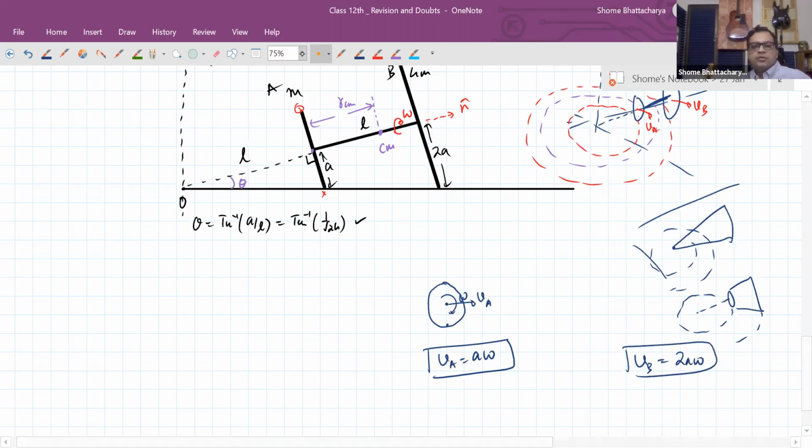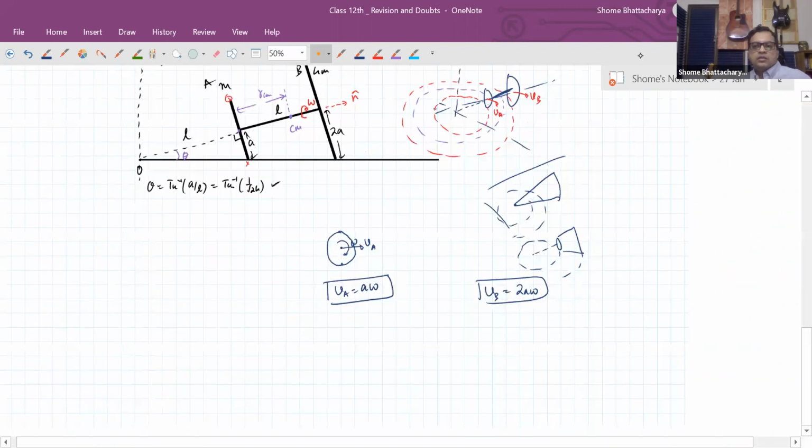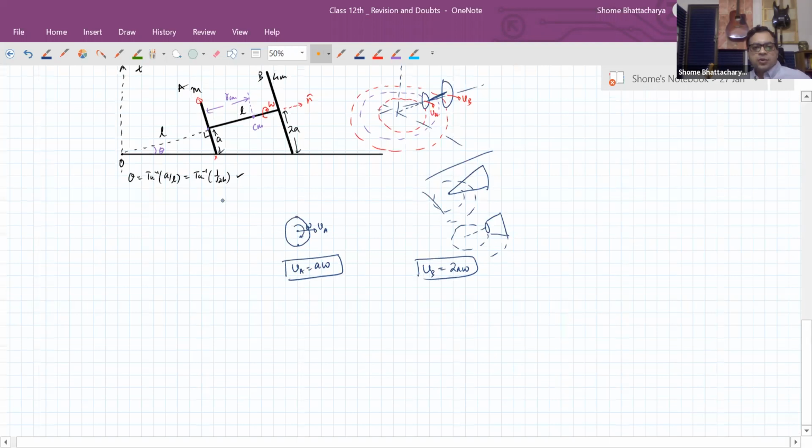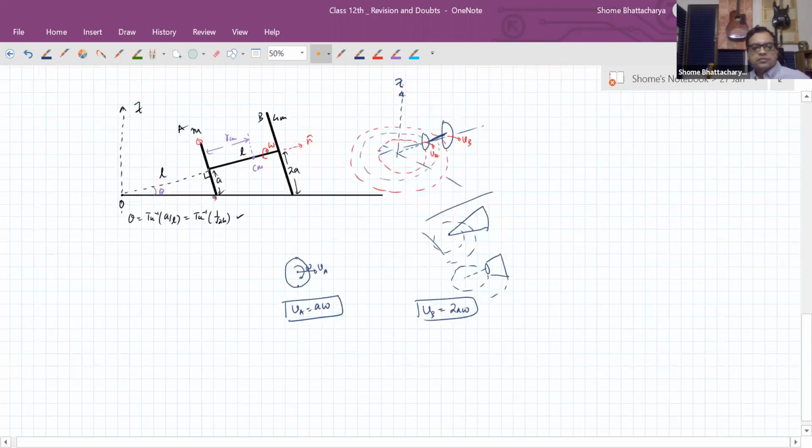Okay. Now, if you pay attention, this point of contact here is describing a circle. The point of contact of disk A is describing a circle on the horizontal plane with the z-axis as the axis. Okay. So that circle is of radius how much?